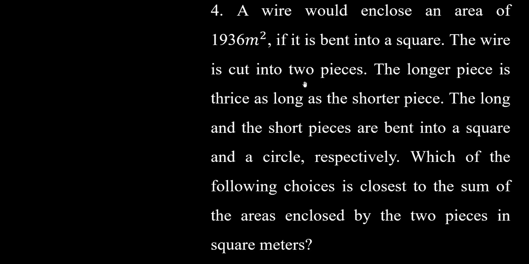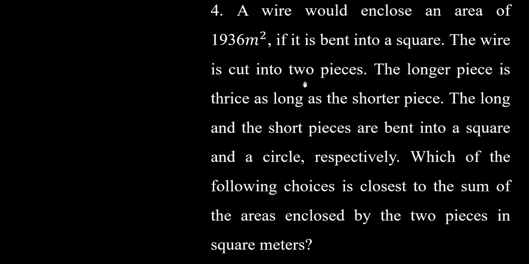Which of the following choices is closest to the sum of the areas enclosed by the two pieces? You divide into two pieces, length 1 and length 2. With the longer length 1, you form a square. With the shorter length, you form a circle. Now you have to calculate the area of the square and the area of the circle formed. What is the sum of those two? That is the question.